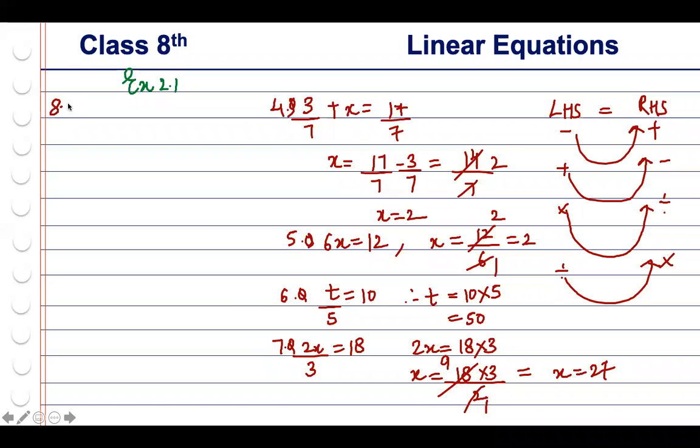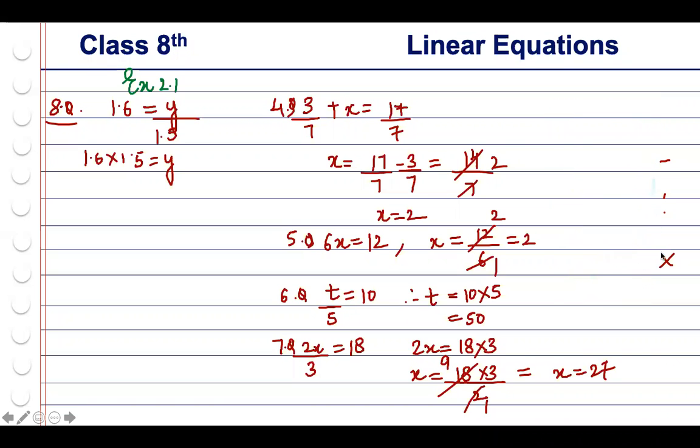Coming to the eighth question, very simple. 1.6 is equal to y upon 1.5. So 1.6 into 1.5 is y. On this side, I'll erase this chart which I had made. You can even make this chart in your notebook and utilize it while you're reviewing.